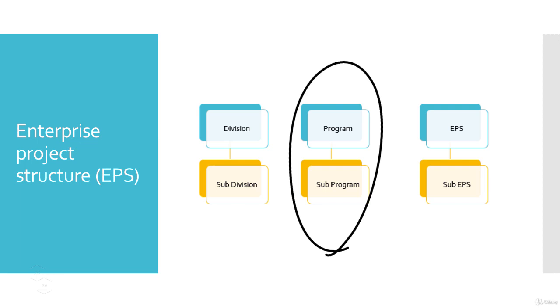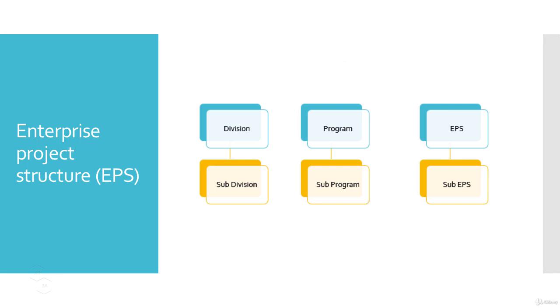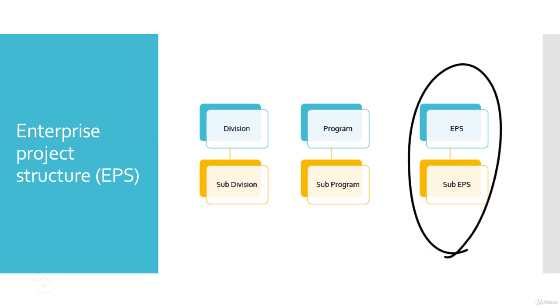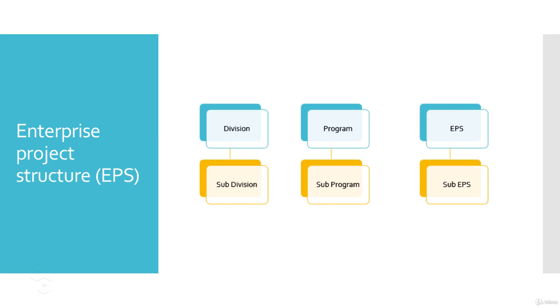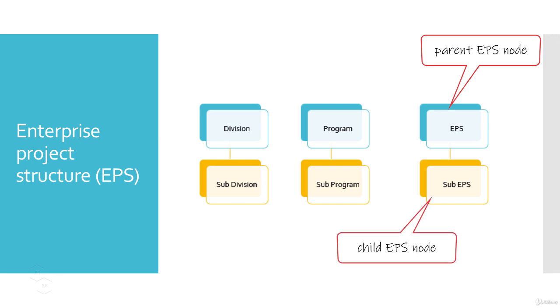Similarly, please also note that the enterprise project structure or EPS can further be classified into sublevels, which are also called nodes. And please note that in any enterprise project structure or EPS, we have the parent EPS nodes and the child EPS nodes as well.